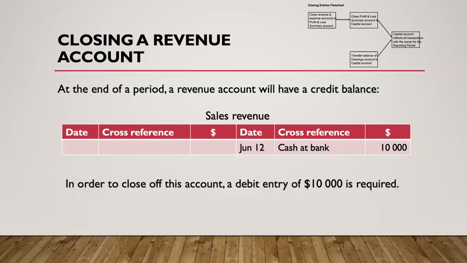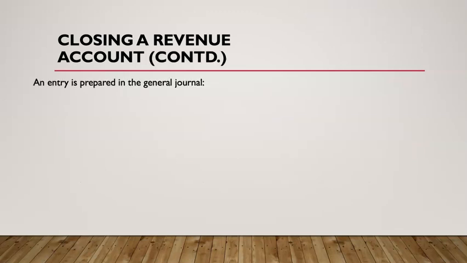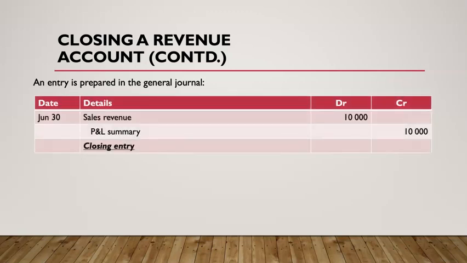In order to close off this account and make it zero, the only way is to do a debit entry of $10,000. How do I do a debit? When I'm thinking of debits and credits, I need to prepare an entry in the general journal. So I will do that.